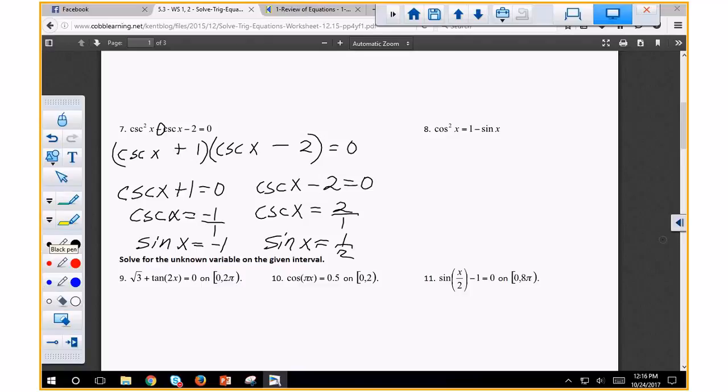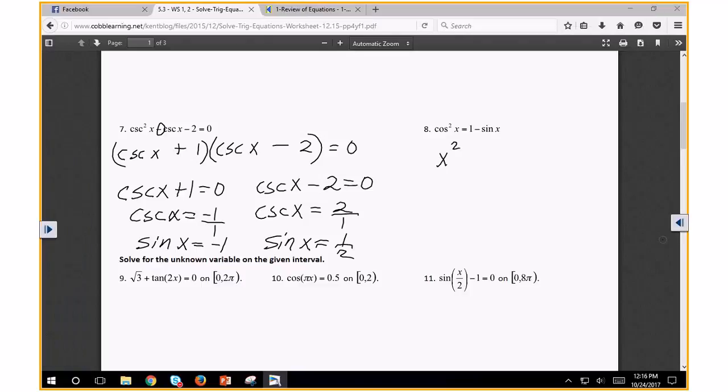I'm just going to say x squared equals 1 minus y. I don't see anything that I can do there.